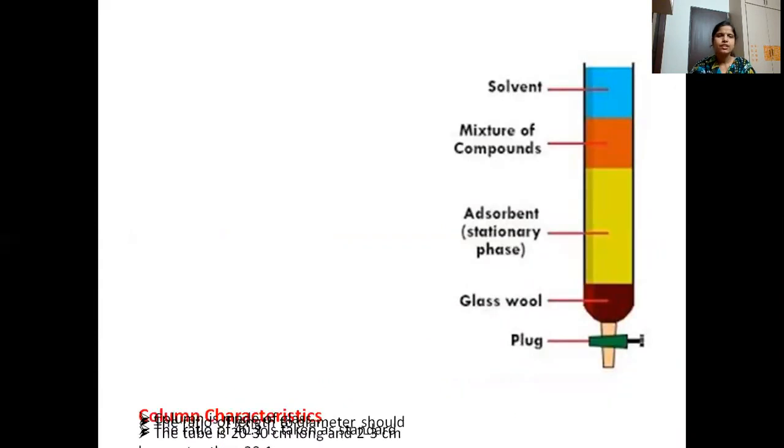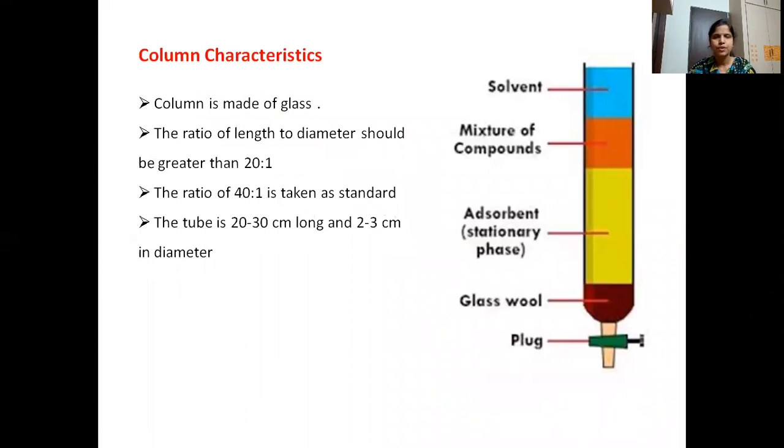Now let us see the characteristics of a column, how the column should be, because this is one of the most important features in this chromatography. This is the column, as you can see in the picture. It is made of glass. The ratio of length to diameter should be greater than 20:1.